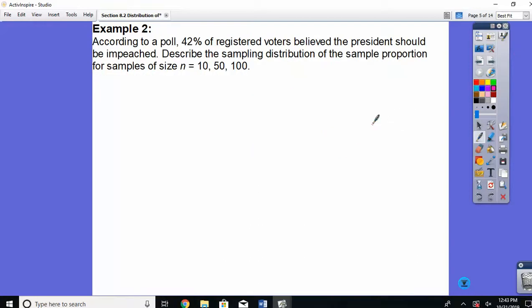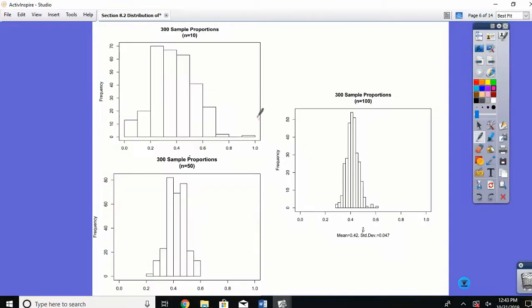Okay, so the next one. I'm going to show you some graphs here, so we're not necessarily writing out, we're trying to make some conclusions. According to a poll, 42% of registered voters believe the president should be impeached. Describe the sampling distribution of the sample proportion for samples of sizes 10, 50, and 100. So I put graphs up here.